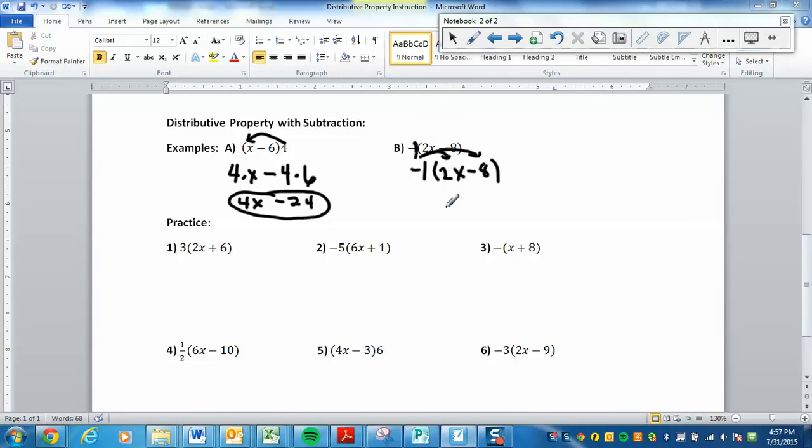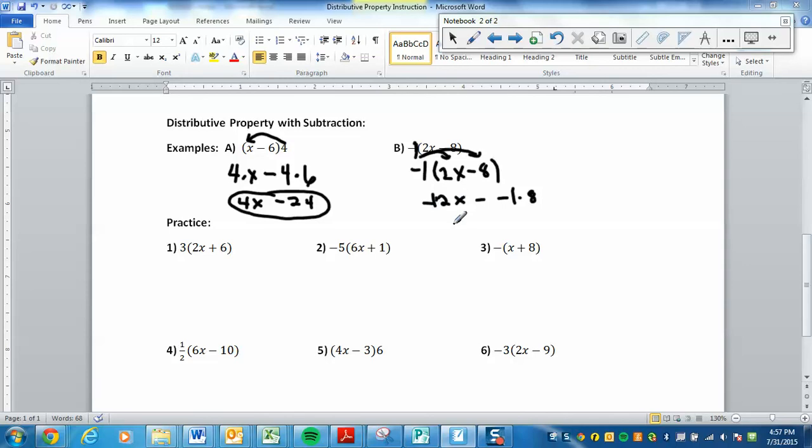So -1 times 2x is -2x. -1 times -8 minus negative 1 times 8. Okay. I apologize, that should be negative 1 times 2x, not just negative 2.